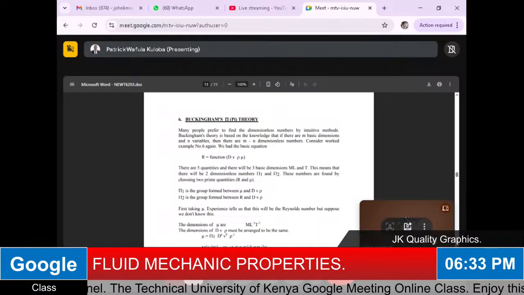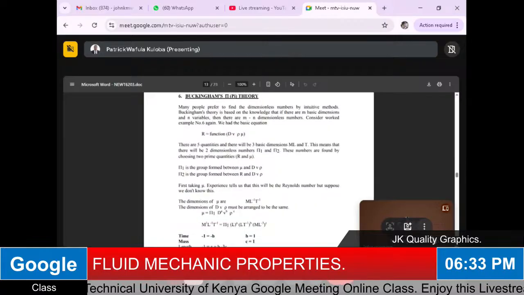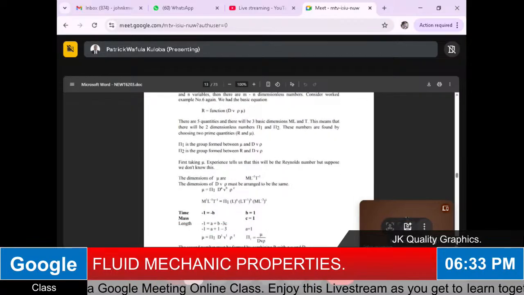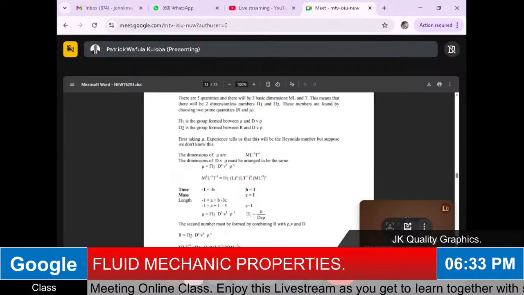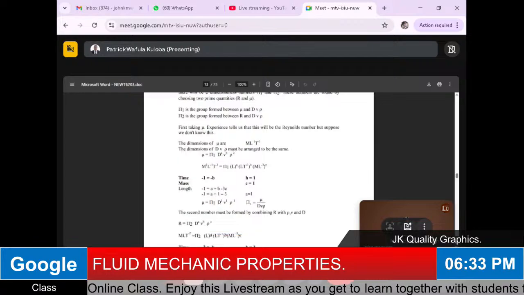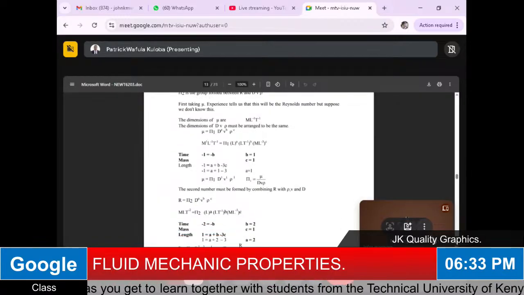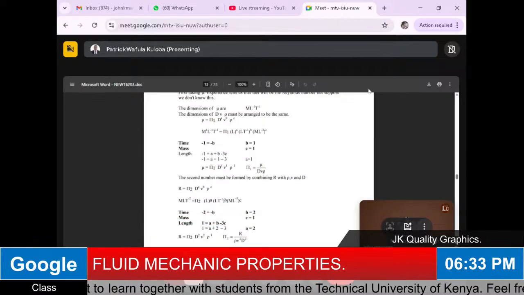Again, self-explanatory, follow it. You find two dimensionless numbers, pi1 and pi2. Following the same method, you find some values are raised to values and others are raised to d. So those are the two dimensionless numbers. Just go through, it's self-explanatory.